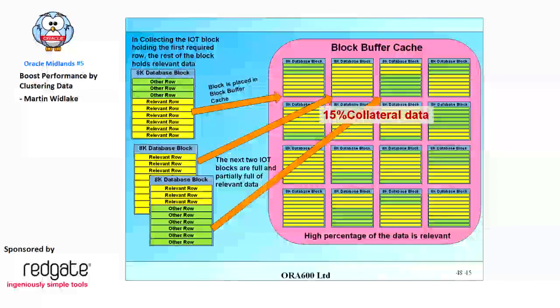But then I calculated how big the SGA would have to be to hold the working data set now, because we physically clustered the data together in blocks. Before I did this, our SGA at most could have held about 10% of the working data set. By clustering the data, now the SGA was going to hold significantly more than our working data set.